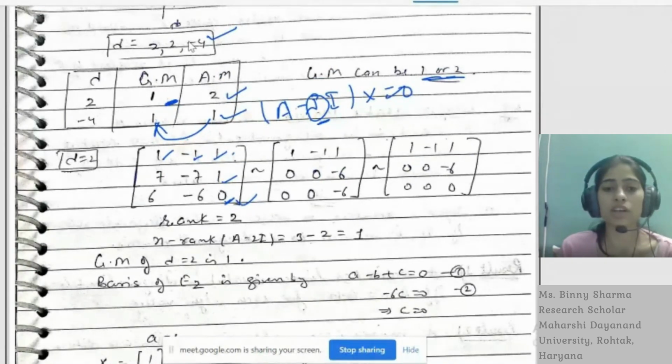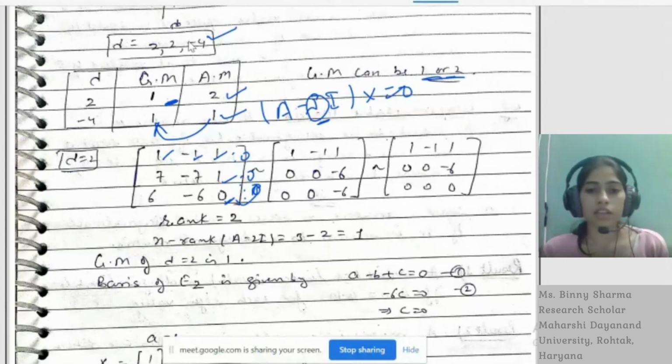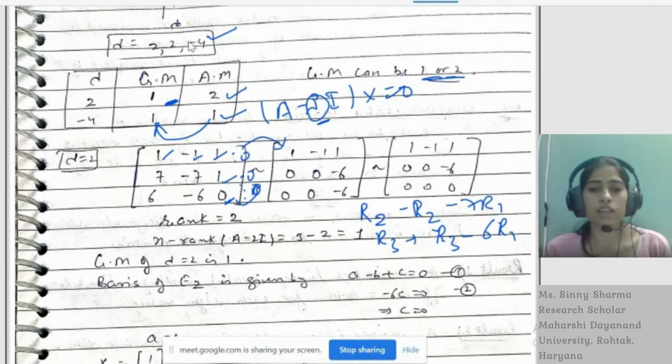This is basically a homogeneous system. You must know how to make the augmented matrix. So we have just applied the elementary row operations, that is R2 minus 7 R1 and R3 minus 6 R1, and we get this matrix.